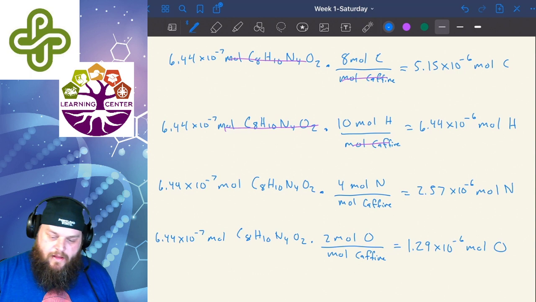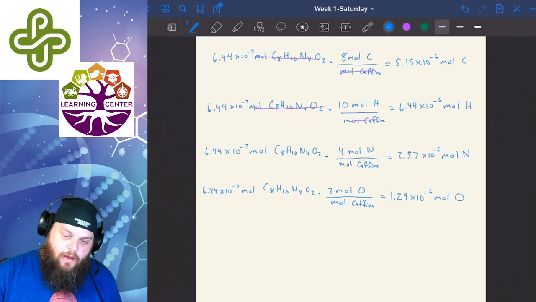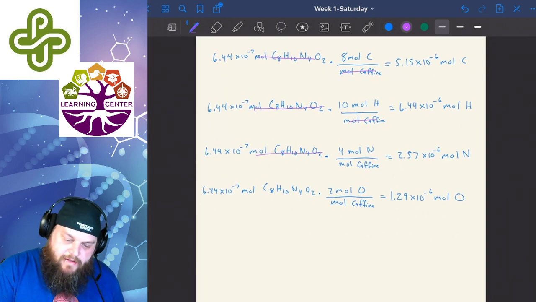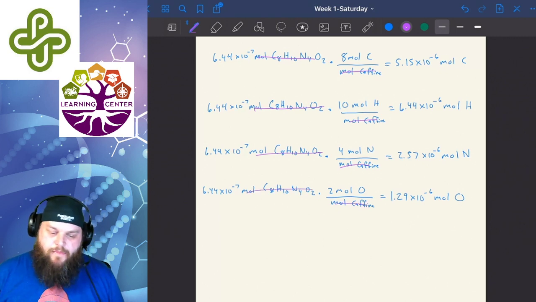And that will tell us now how many moles of each of the atoms are actually in there. Do my cancellation for dimensional analysis. And we're good.